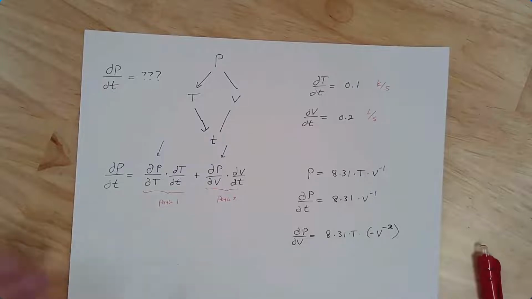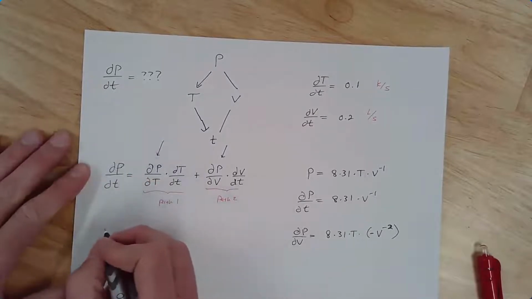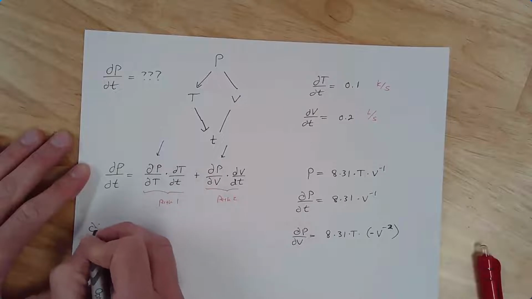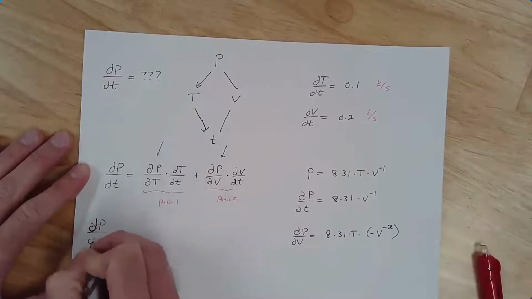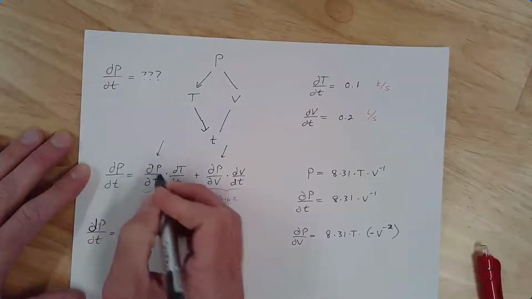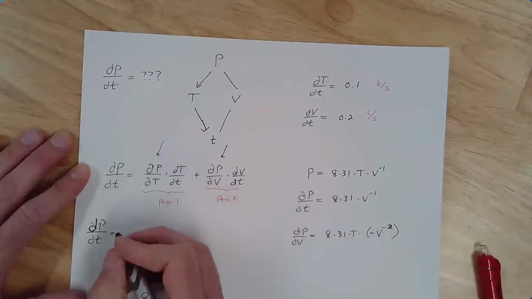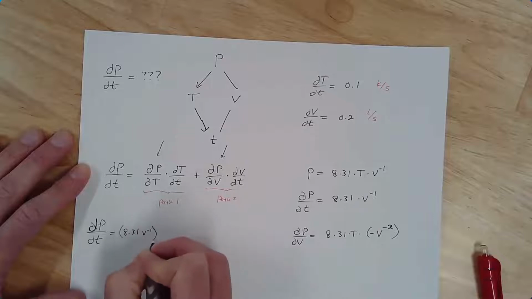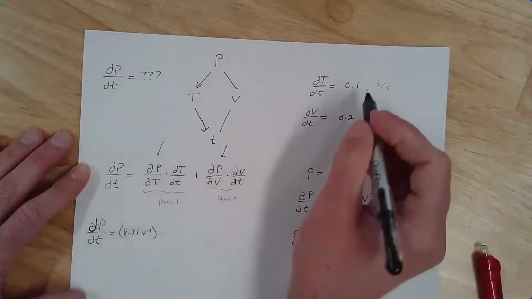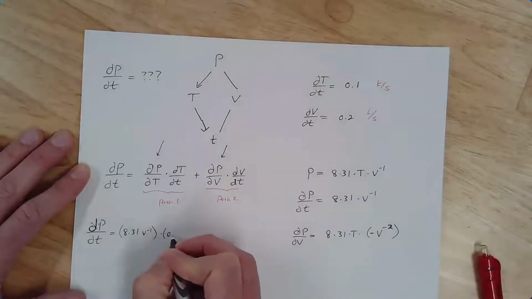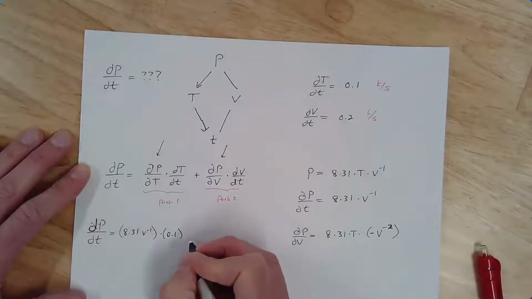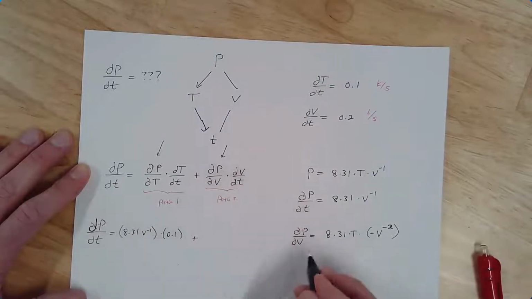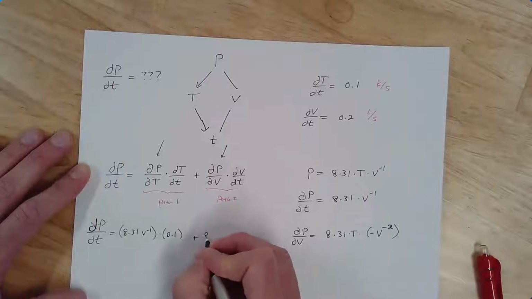So putting it all into my equation here, dP dt is going to be del P del T, which is 8.31 times V to the minus 1, times dT dt, which is 0.1, plus del P del V, which is gnarly looking.